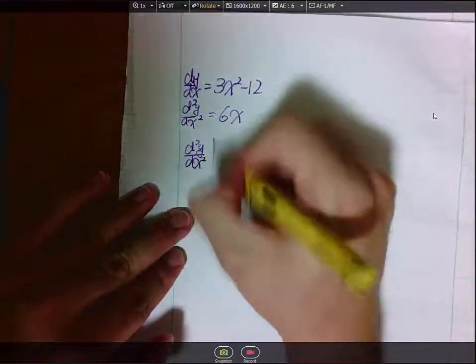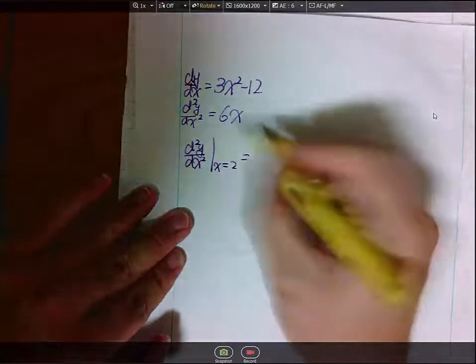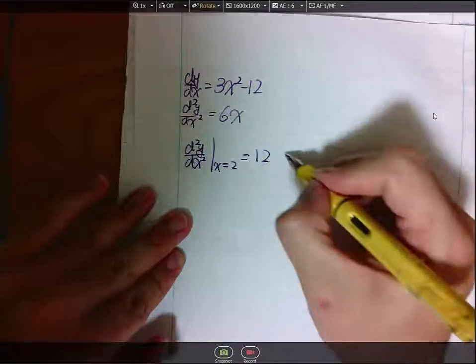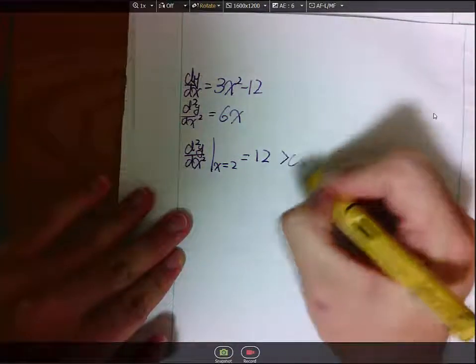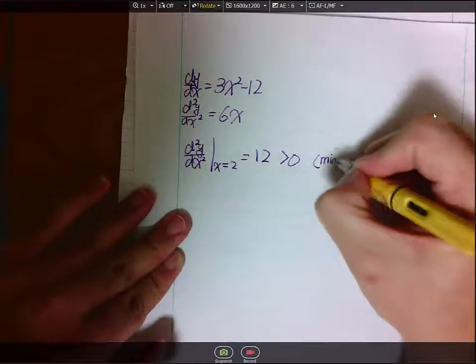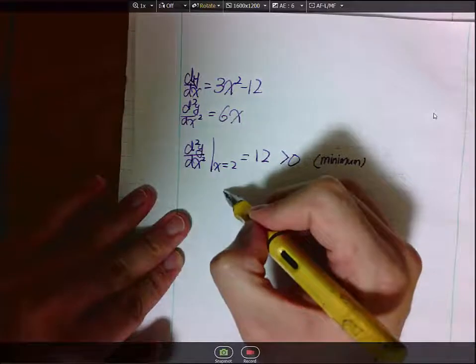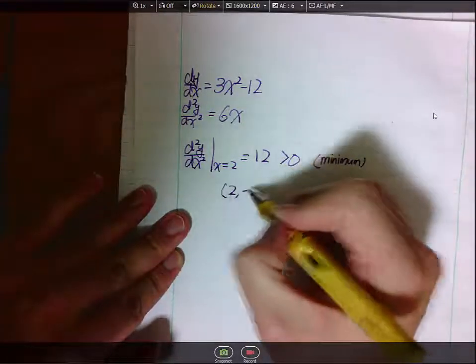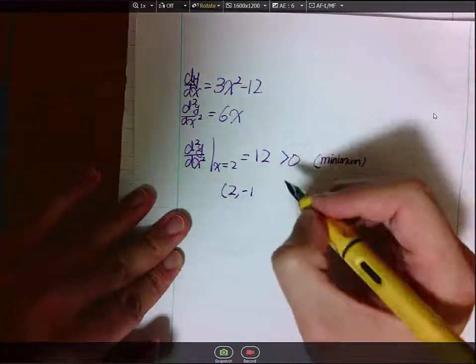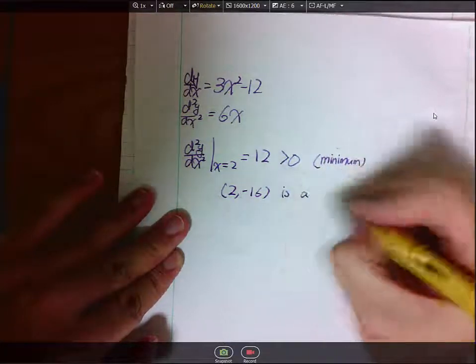When x equals 2, I get 6 times 2 equals 12. 12 is greater than 0. As we learned from the previous page, this means that this is a minimum point. So therefore, I know that (2, negative 16) is a minimum point.